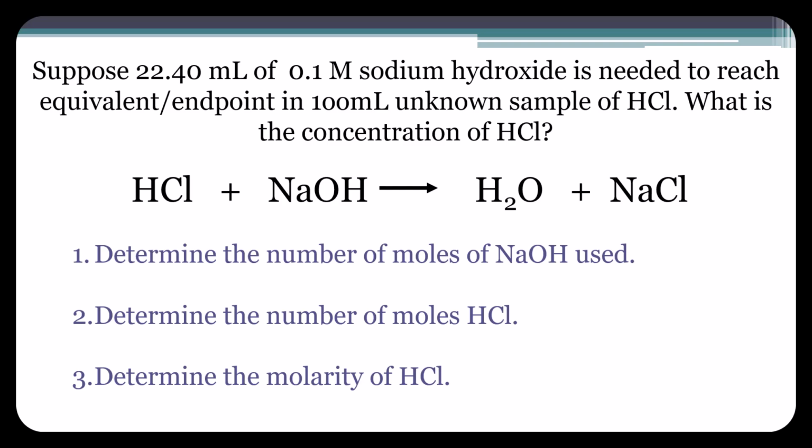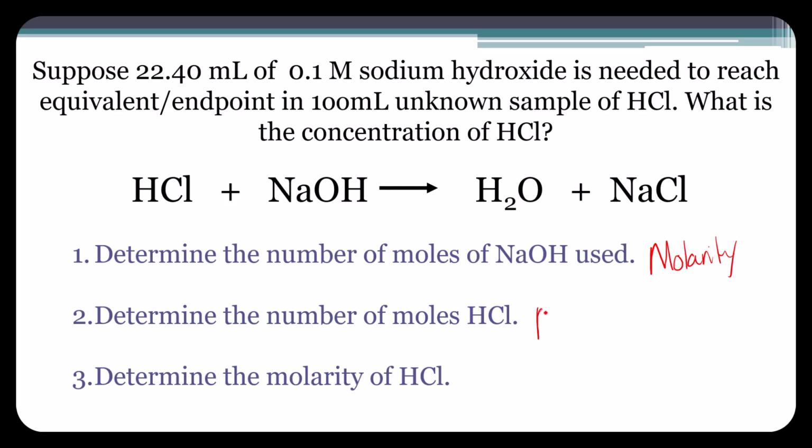So the three steps that we're going to use, the mantra that I've come up with, is molarity, moles, molarity. In the first step, for molarity, we're going to use the molarity equation to determine the number of moles of the known.